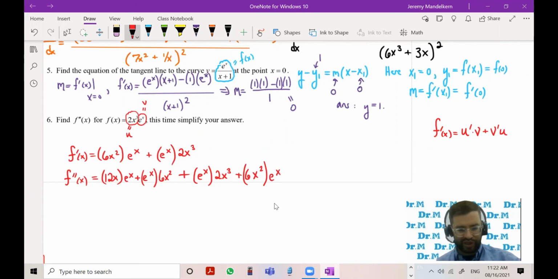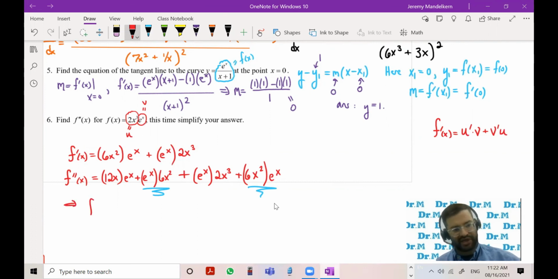There may be like terms here. Standing back, I have a linear monomial term times e to the x, a quadratic monomial term times e to the x, a cubic monomial times e to the x, and then a quadratic times e to the x. So sure enough, these two are like terms, and they might even be the same term. So we can combine them.